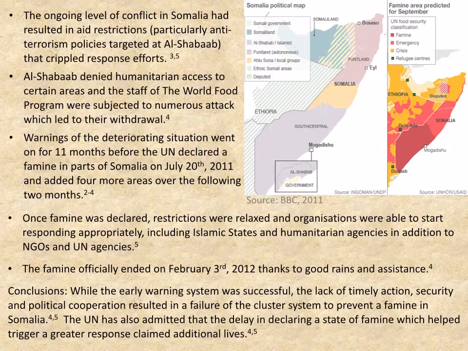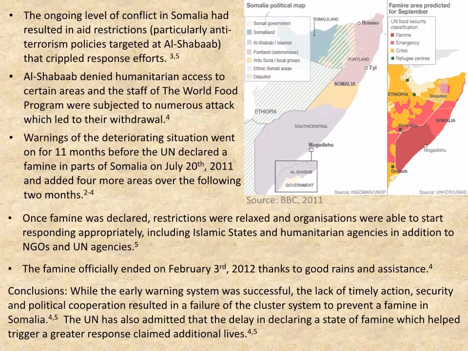Some populations reporting malnutrition rates of 50% in the children, others reporting 40%. And, for a threshold of famine, it's usually 30% and above. So some of the areas were a lot higher than that by the time help was actually on its way.